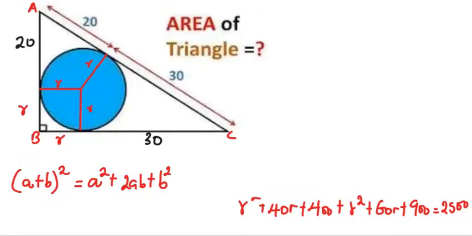So from here, simplifying, we have R squared plus R squared giving us 2R squared. Then plus 40R plus 60R, and that is giving us 100R. Plus 400 plus 900, that is giving us 1300, so this is equal to 2500.